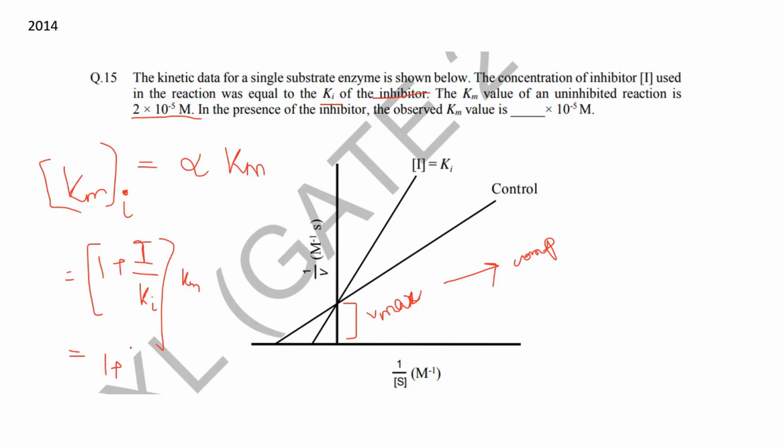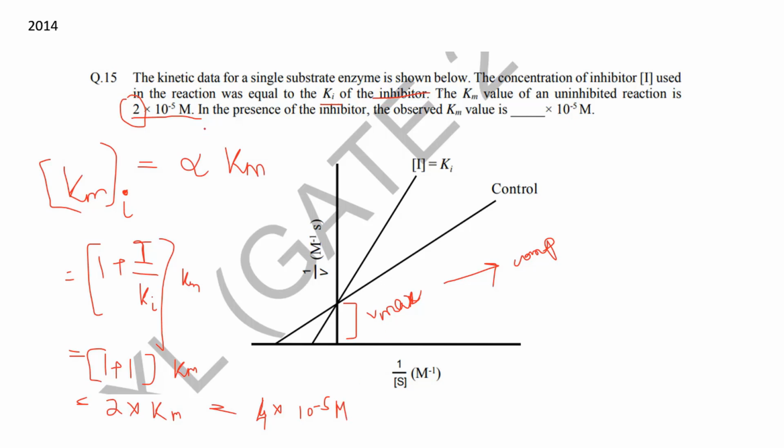So the value would be 1 plus 1 into Km, that is 2 into Km, and Km is given in this question, 2 into 10 to the power minus 5. So the answer will be 4 into 10 to the power minus 5 molar if you multiply it.